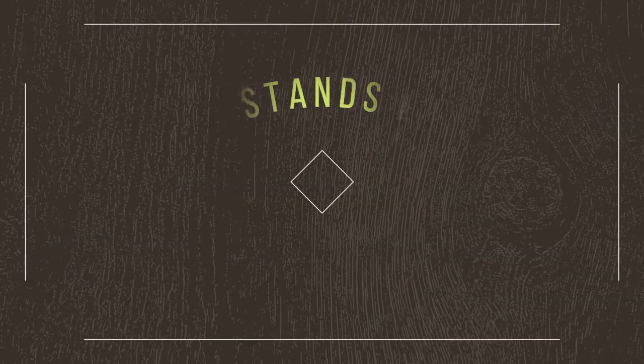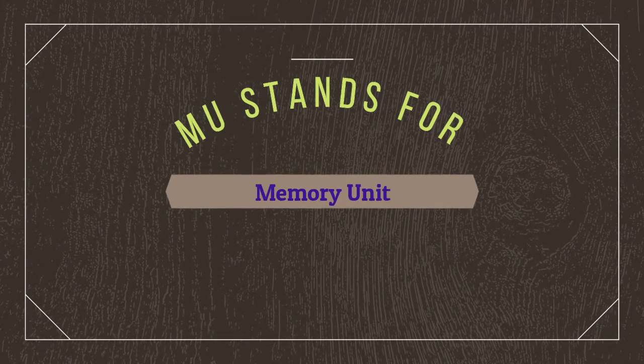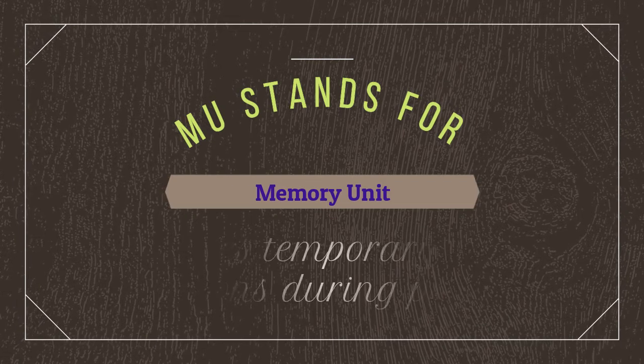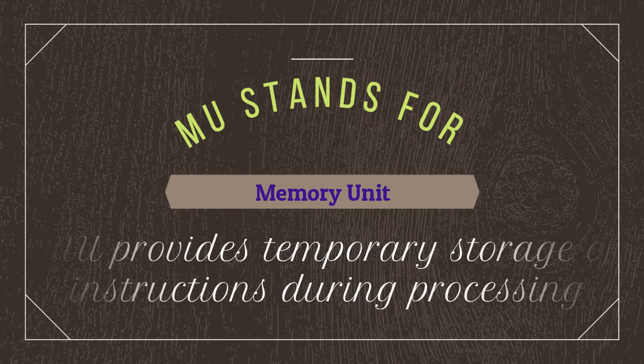The next one is memory unit or MU. Memory unit in CPU is the temporary storage that stores some information during the processing. The memory units on the motherboard are nothing else than small registers that can store a very small amount of data during the processing. They transmit the data to the ALU very quickly.